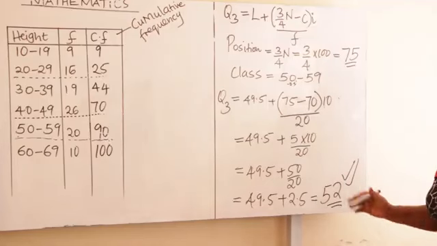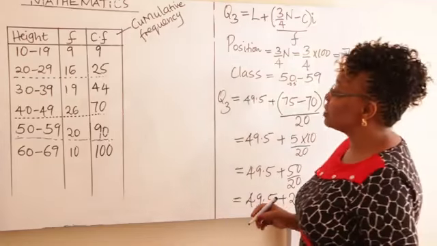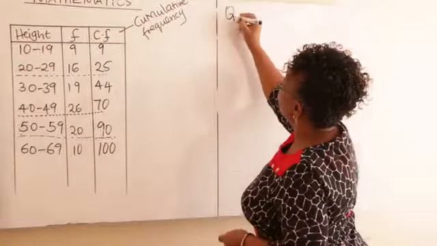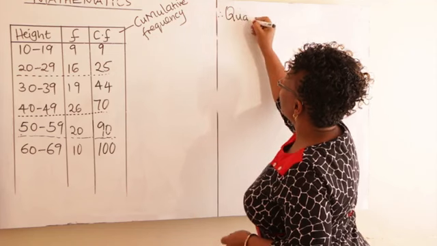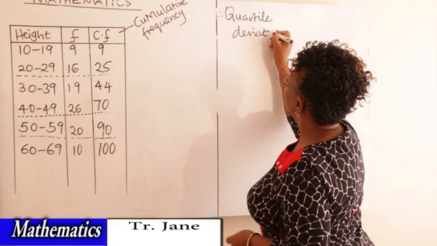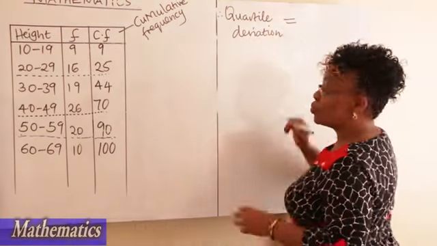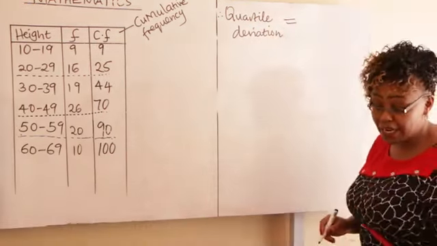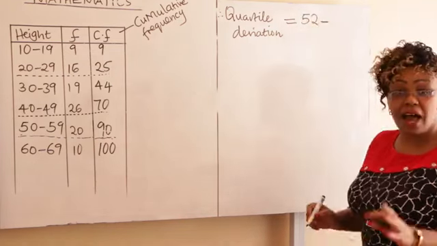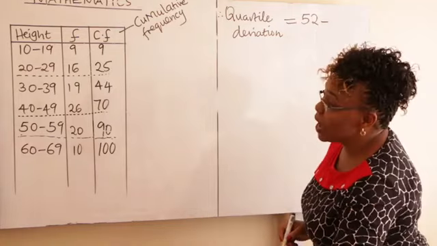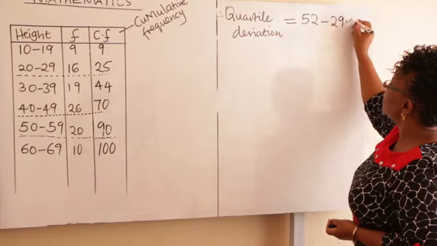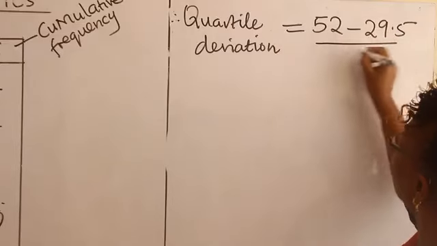So learner, with this now, it is possible to get the quartile division. The quartile division will be equal to Q3, which we have already worked out is 52, minus our Q1, which was 29.5, and then you divide by 2.